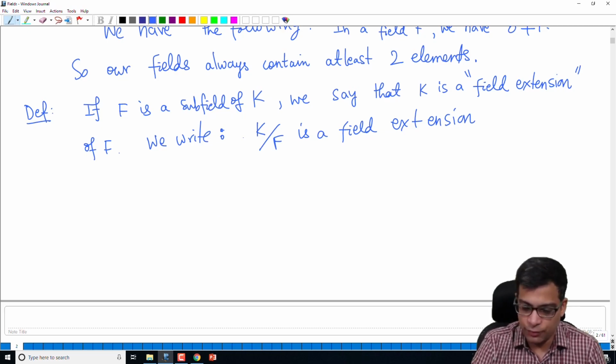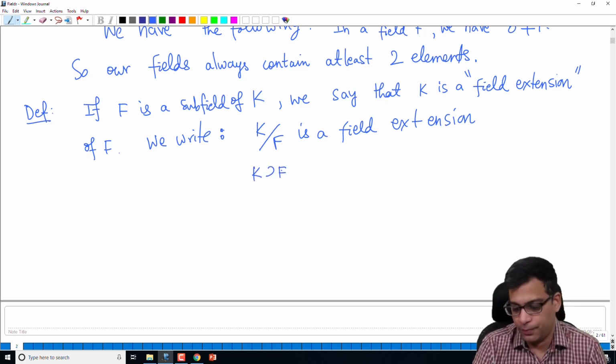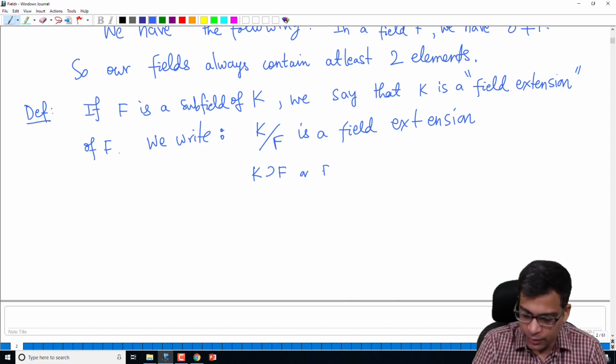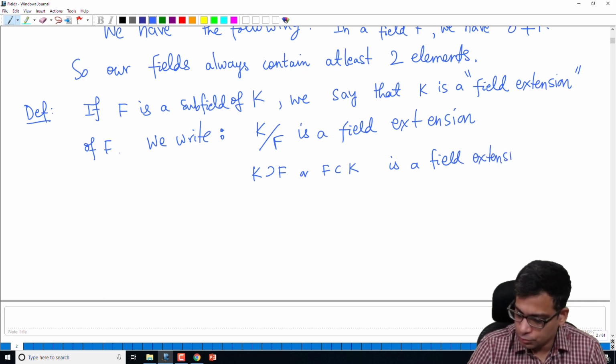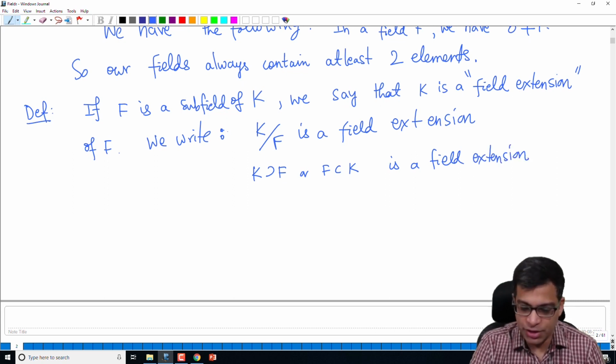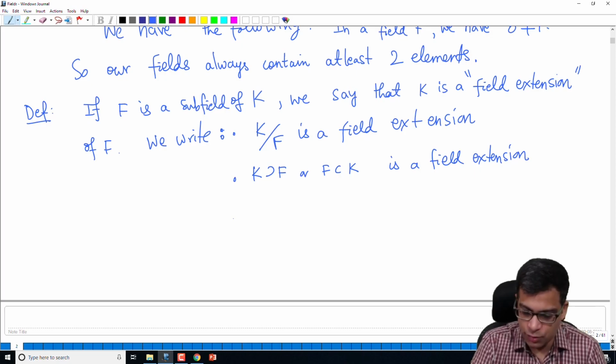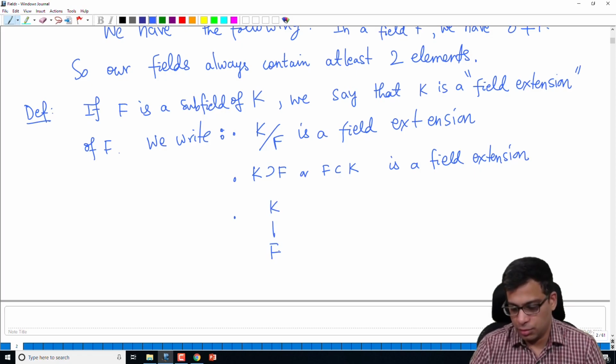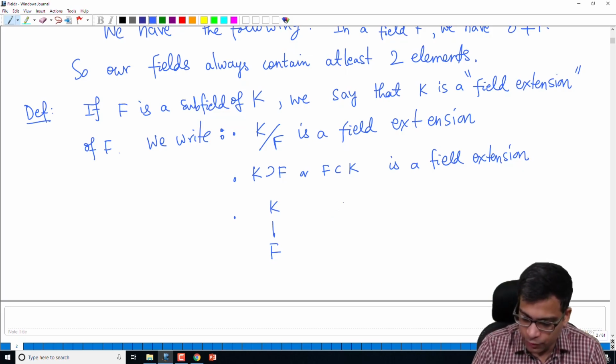It is just short for K is a field extension of F. We will of course write F, K contains F, or F is contained in K, is a field extension. So these are various notations that I will use. And another more pictorial description is this: K, and we put a vertical bar, and we put F is a field extension.